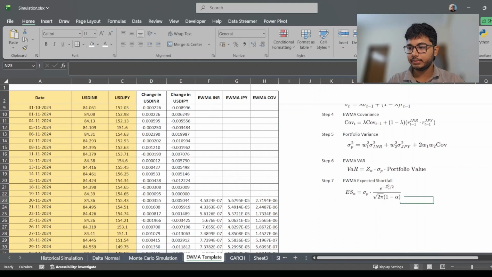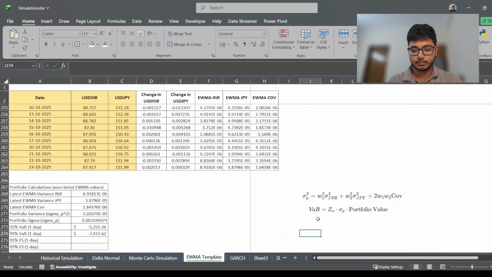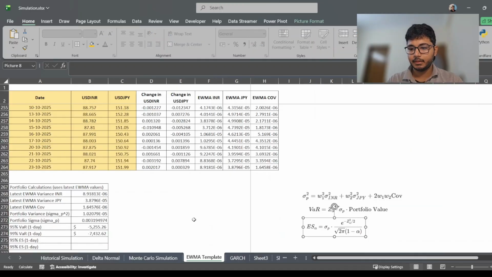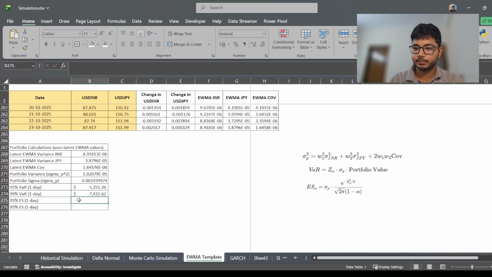Sorry, we can copy it. In this formula, it does miss the multiplication by portfolio value, so we need to take that as well.